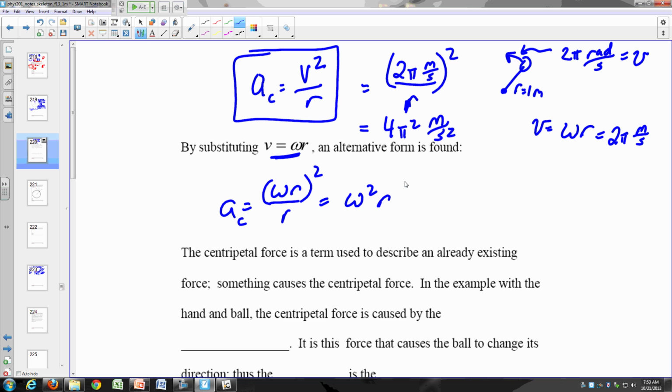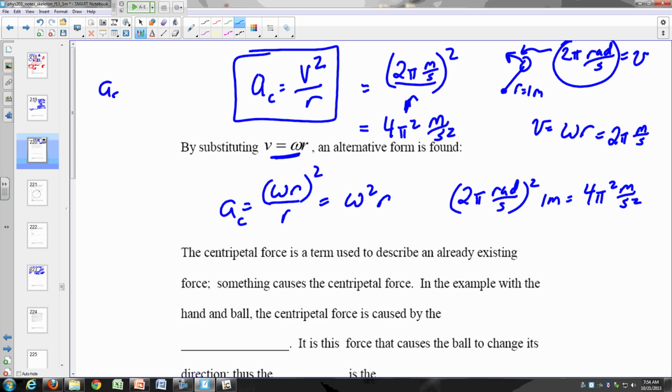And so you can see that here, our omega was 2 pi radians per second, squared, times the radius, which is 1 meter, which also gives us 4 pi squared. Right, so those are just a couple of different ways that we can calculate our centripetal acceleration. Again, centripetal acceleration is equal to v squared over r, or you can also say that it's omega squared r.